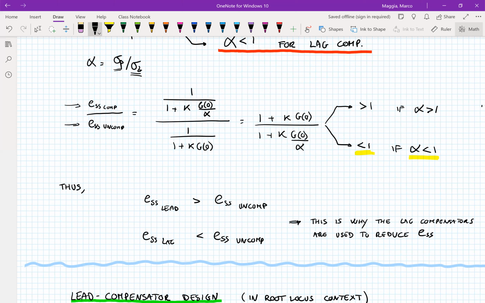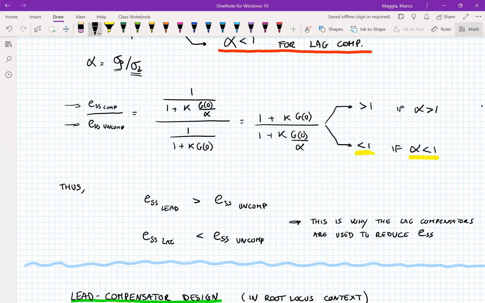So let's say that we have an uncompensated system that doesn't meet the requirements of settling time, for instance, but meets the requirements in terms of steady state error. So we take care of the settling time by designing a lead compensator.